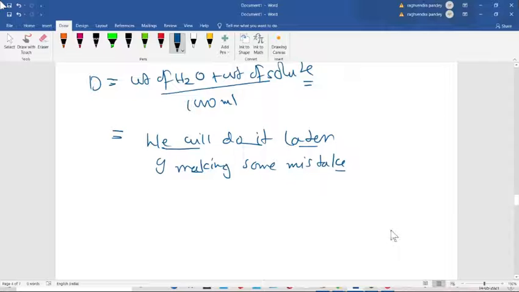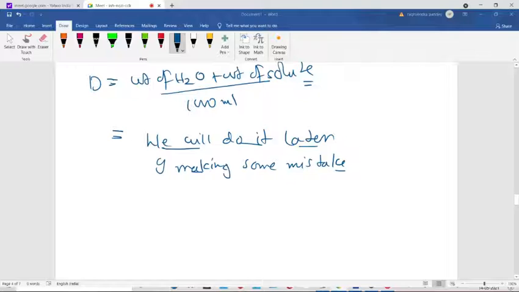All these things will be the basics of 11th and 12th chemistry. On Monday we will study atomic structure. Atomic structure is somewhat more theoretical, so you don't have to do many numericals on atomic structure.